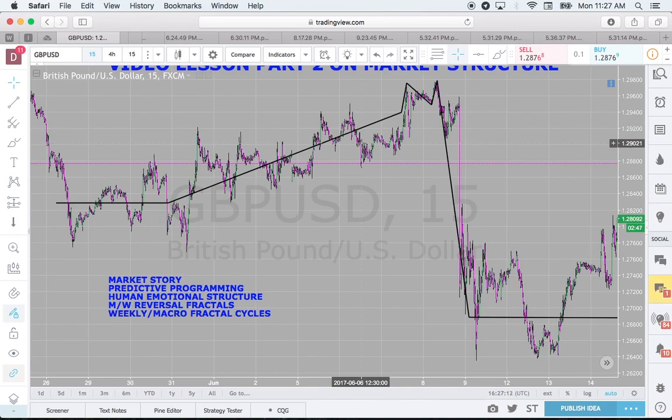But once I commit funds into the market, once I commit myself, I am writing a story. Or in other words, the market is writing a story for me. It's making highs and lows. It's creating these highs and lows inside of me, emotionally.